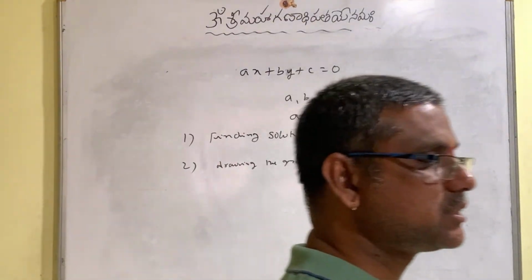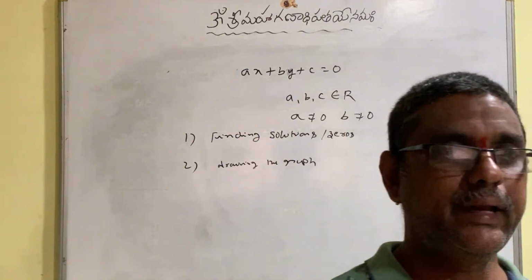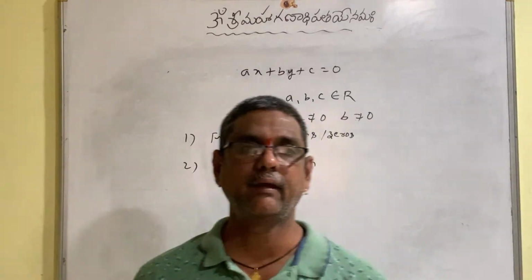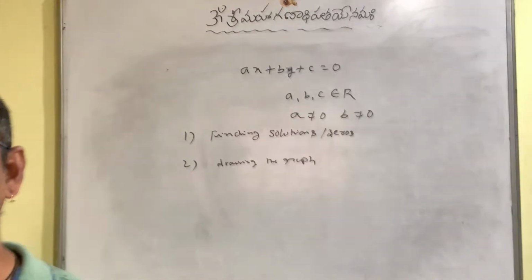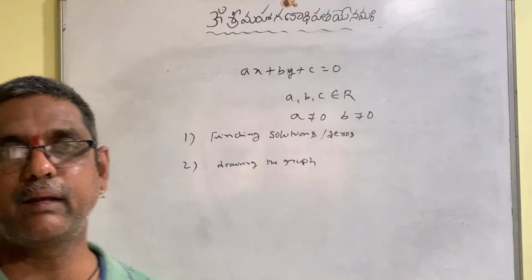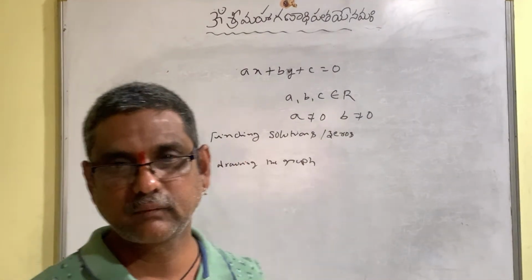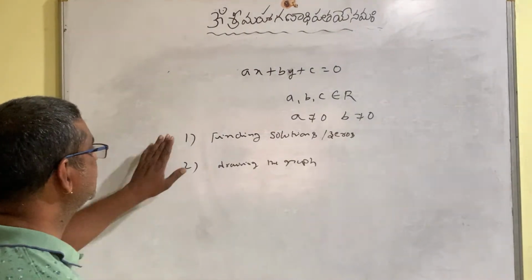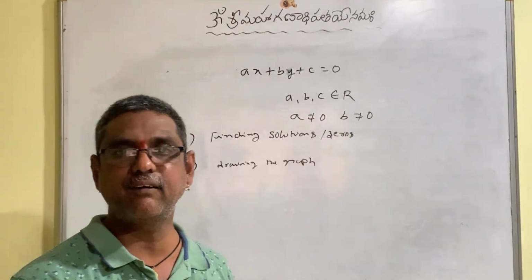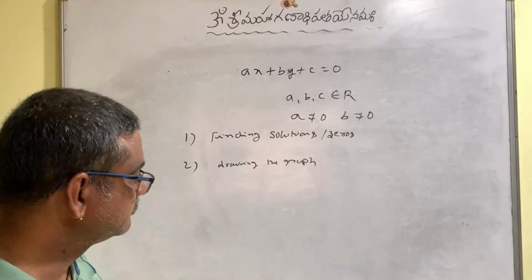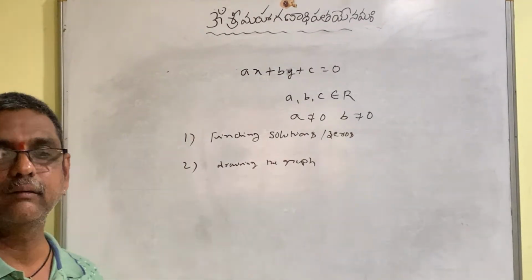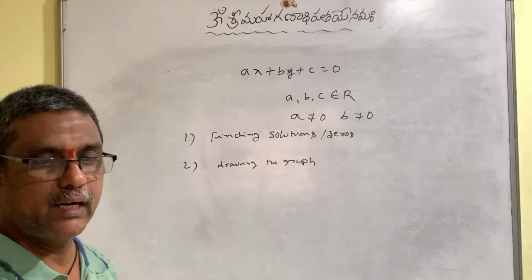The first one is finding the solutions for the given equation in two variables. And the second one is drawing the graph. These are the two main points that we have seen in class 9. How to find out the solution?